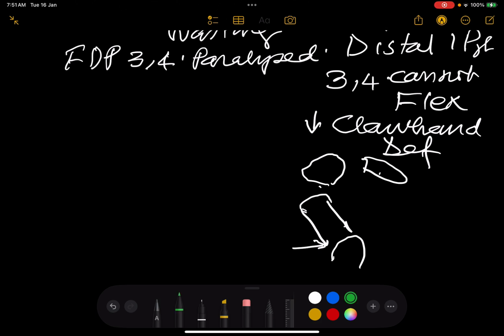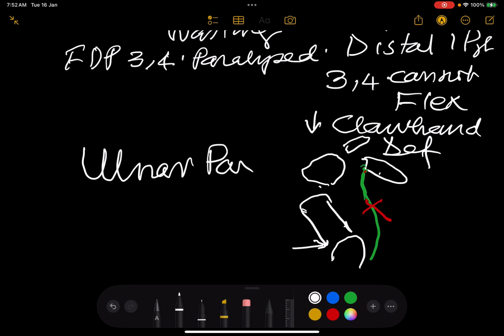Now here, since the flexor digitorum profundus of the third and fourth fingers is paralyzed, this will not flex and the claw hand deformity will decrease. And this happens in a high lesion, where the lesion is in the canal of Cannon. Therefore, this is called the ulnar paradox.